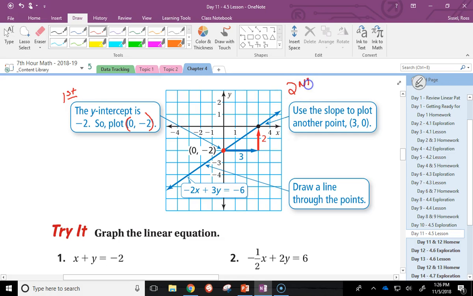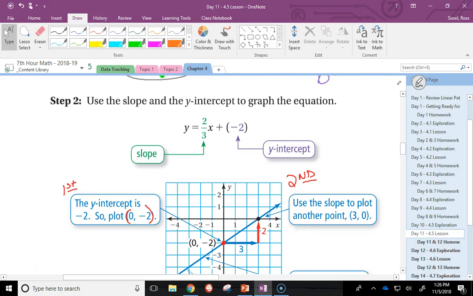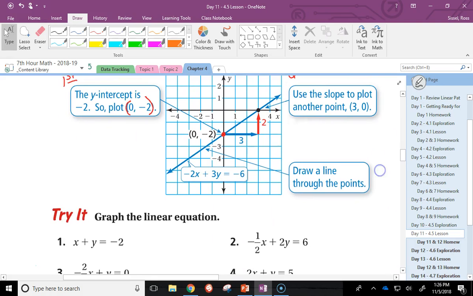second thing, we're going to use the slope. Well, our slope was 2/3. So I'm going to write right here. Slope was 2/3, which is rise over run.